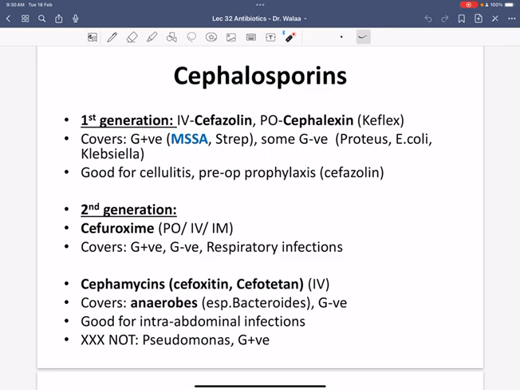Other second generation like cefoxitin, which is given IV, we go for this antibiotic if we need to cover anaerobic infection, like when we suspect intra-abdominal infection caused, for example, by Bacteroides, which are gram-negatives. However, they don't have anti-pseudomonal coverage or good gram-positive coverage.